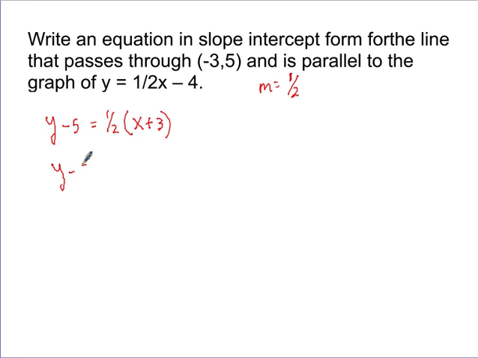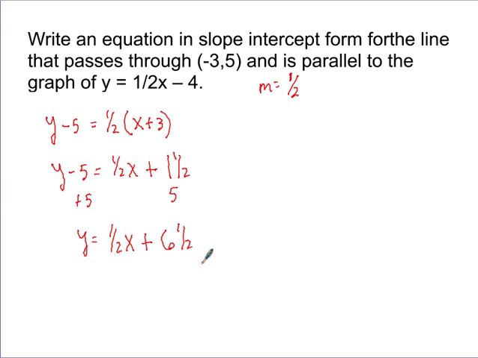So y minus 5 equals 1/2 x plus 3/2, or 1.5. Add 5 to both sides. So y equals 1/2 x plus 6 1/2. And that's all you have to do. That one's done.